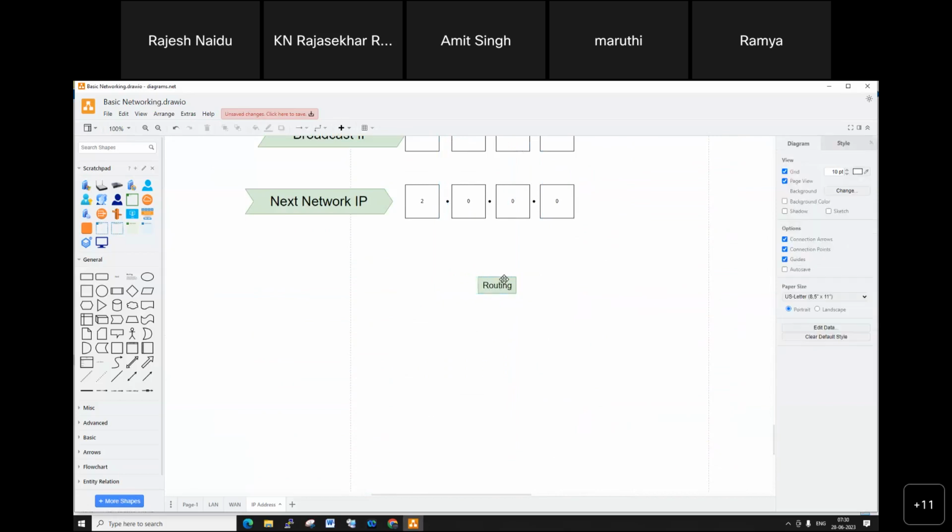Routing means how we communicate from one place to another place.